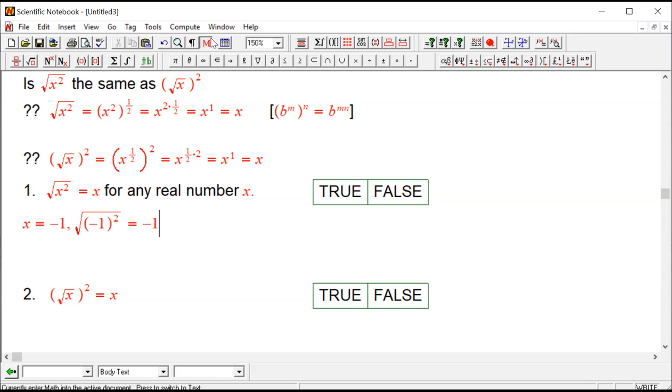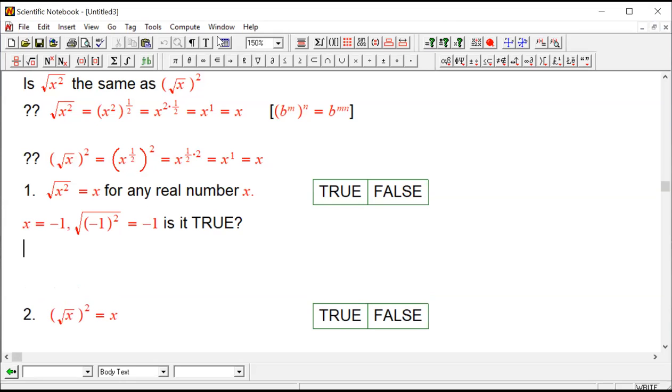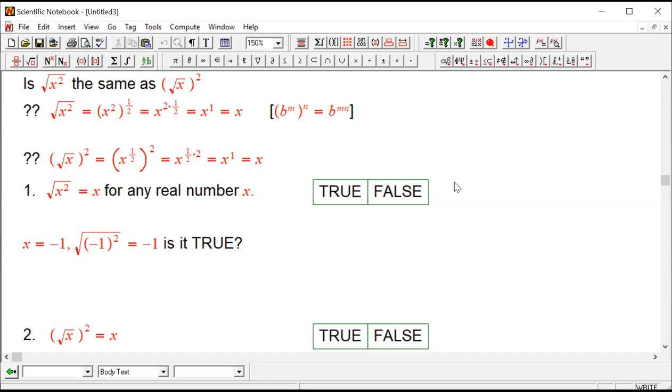Is it true? So we assume x equals -1 because if it's true, it should be true for any real number. So it certainly should be true for -1.